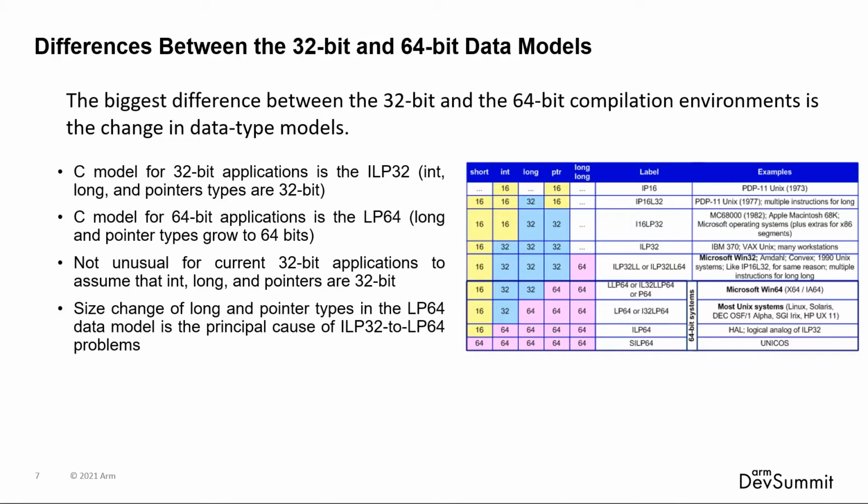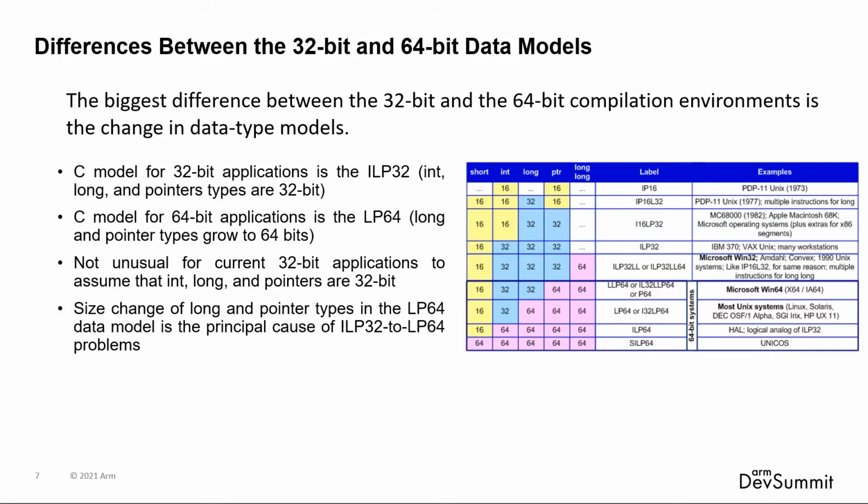Because of this, the principal cause of problems when converting 32-bit applications to 64-bit applications is the change in size of the int type with respect to the long and pointer types. When converting 32-bit programs to 64-bit programs, only long types and pointer types change in size from 32 to 64 bits. Integers of type int stay at 32 bits in size. This can cause trouble with data truncation when assigning pointer or long types to int types, and also problems with sign extension can occur when assigning expressions using types the size of an int to an unsigned long or a pointer.